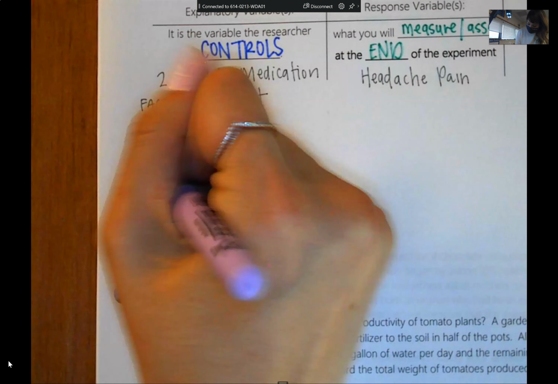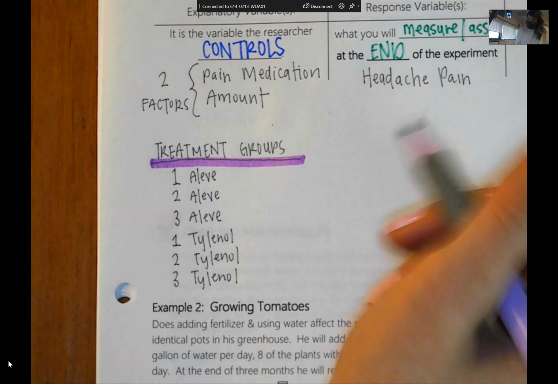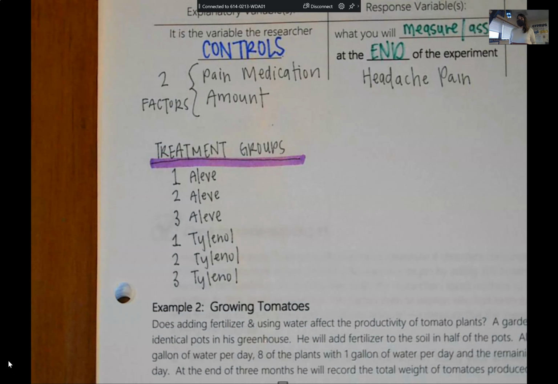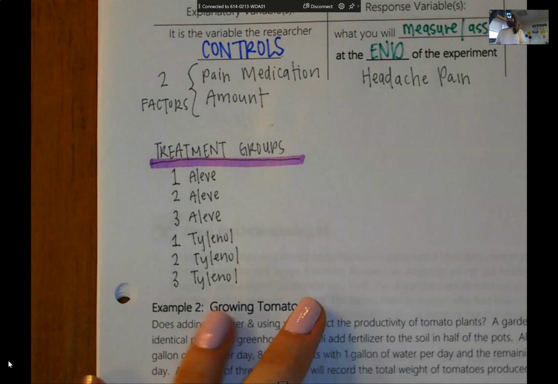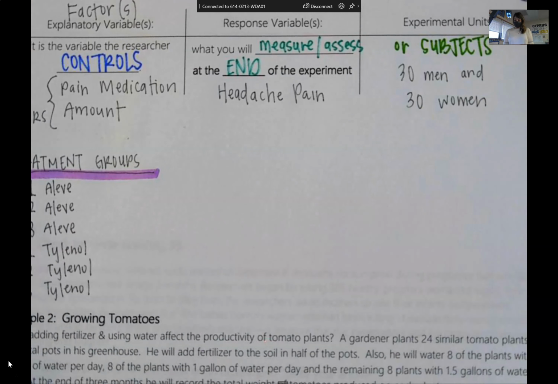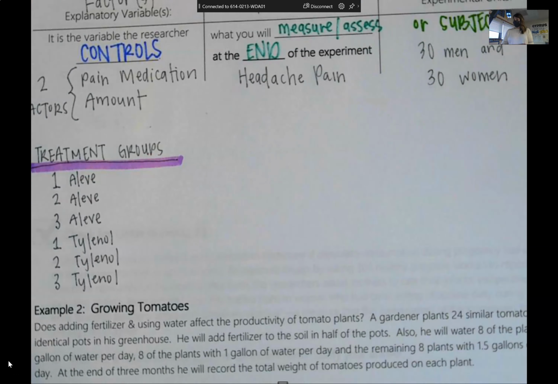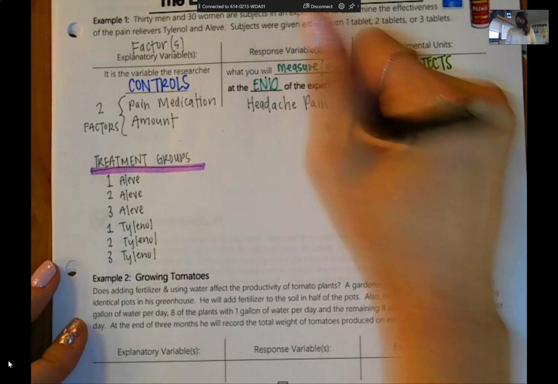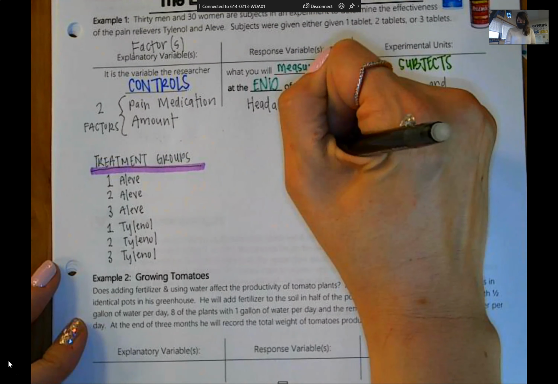Typically, though, it's not quite as obvious to list them out as this problem has it. So I'm going to show you how to draw a visual of these treatment groups. So I'm going to, in this area, make a table of the treatments. So across the top, I'm going to write factor.